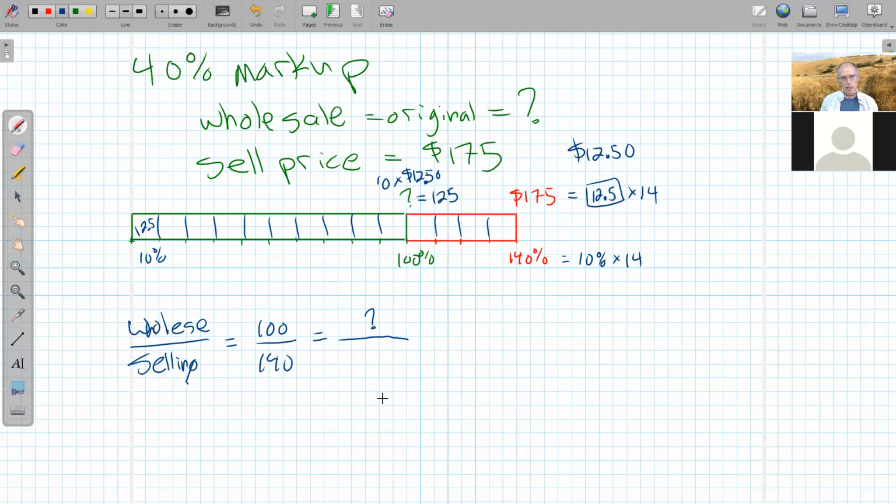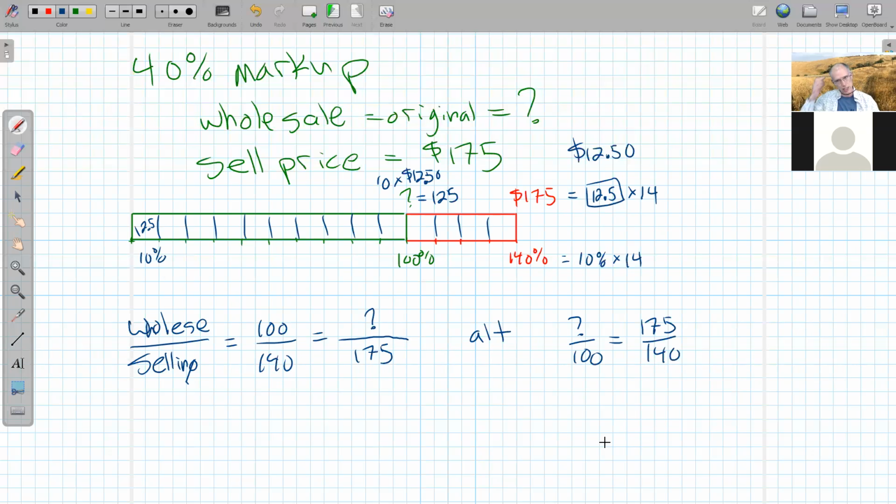I'm missing that wholesale dollar amount, but I know the selling dollar amount is that 175. So I could use that proportion to solve it. Or you could just look at this picture and set up an alternate proportion where we say, what dollar amount is to 100% as the $175 is to the 140%? And so either of these proportions will solve this problem.